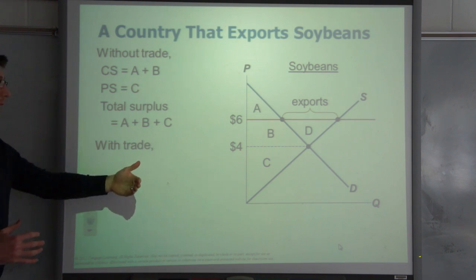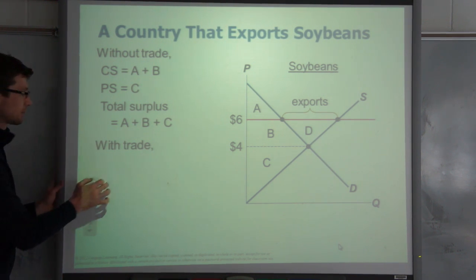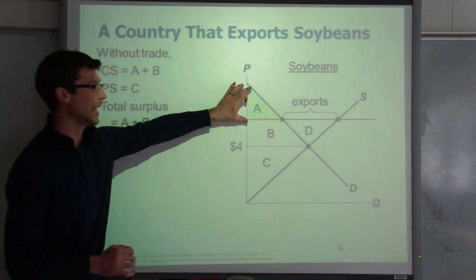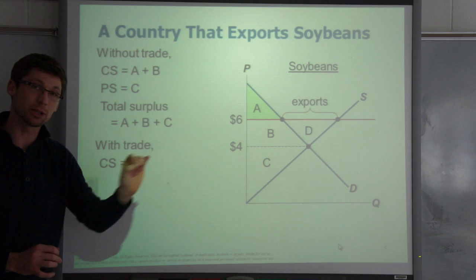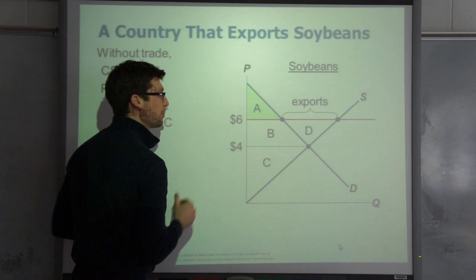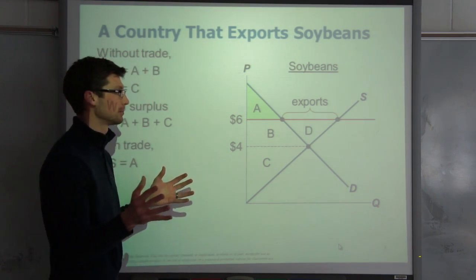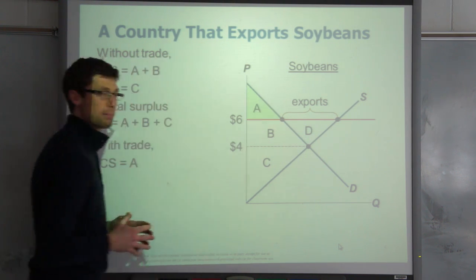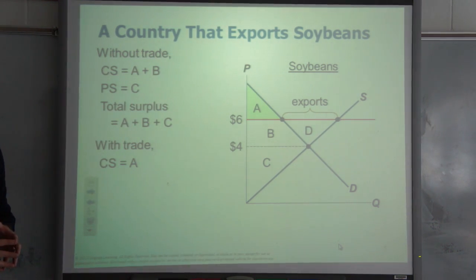But when we trade, we get different outcomes. When we trade, consumer surplus shrinks to A because consumers in our domestic market now have to compete with foreign consumers. A higher price is charged to everyone. So A is now the area above the price but below the demand curve. That's our remaining consumer surplus.